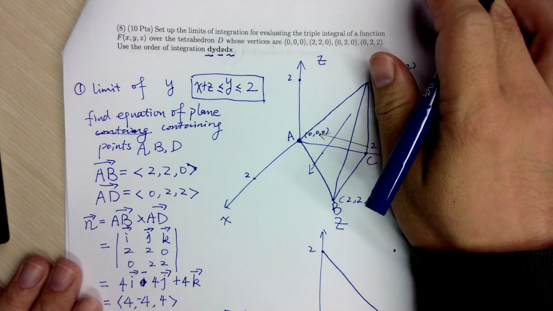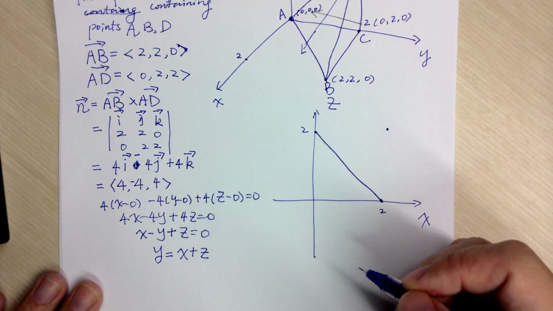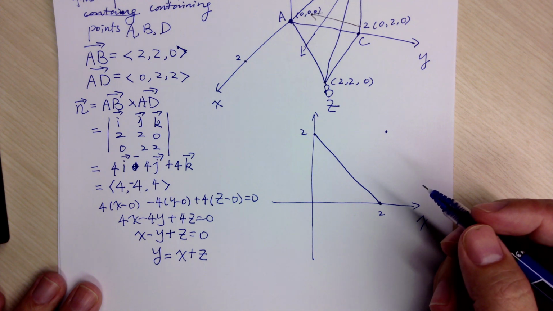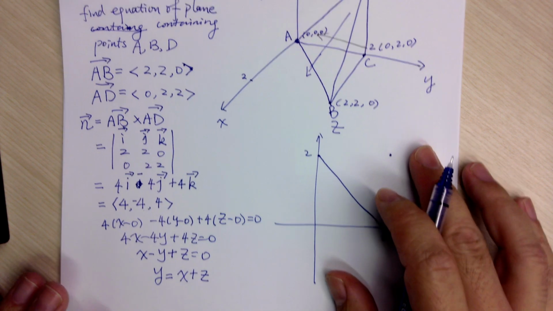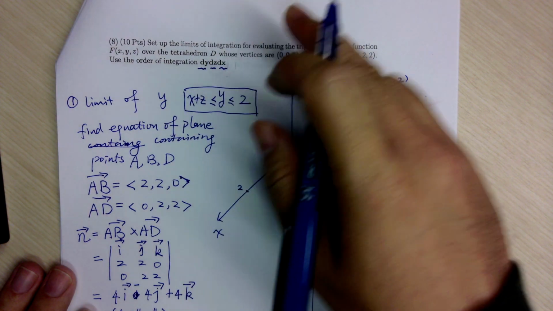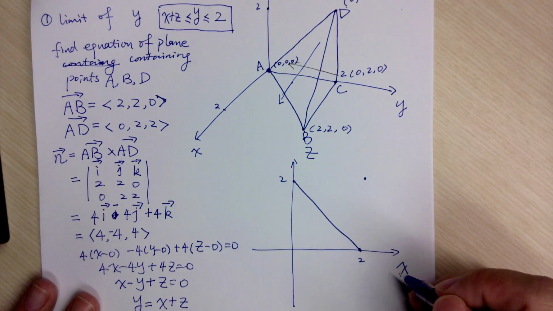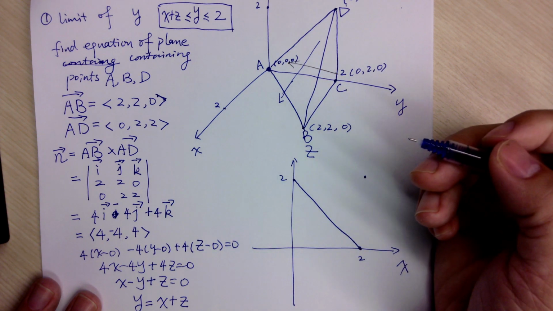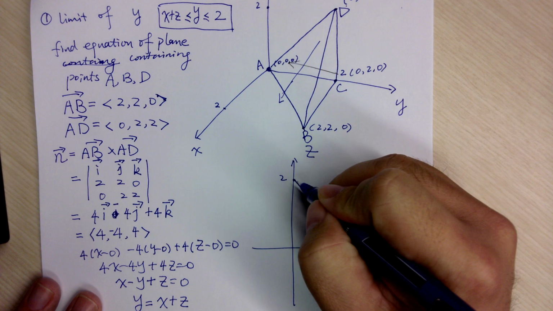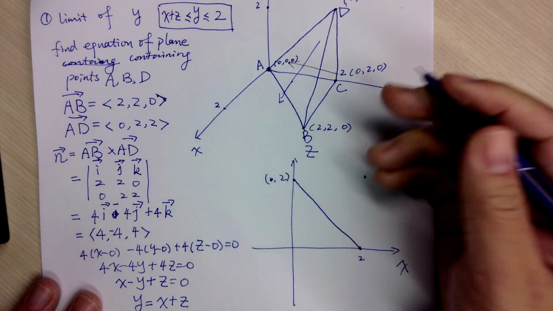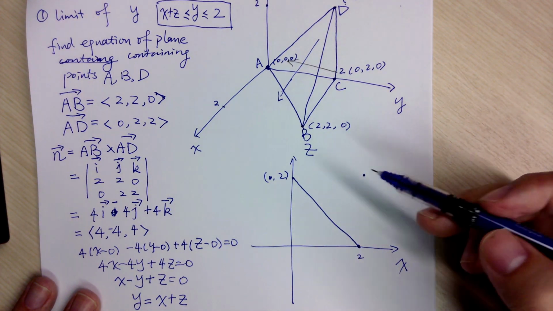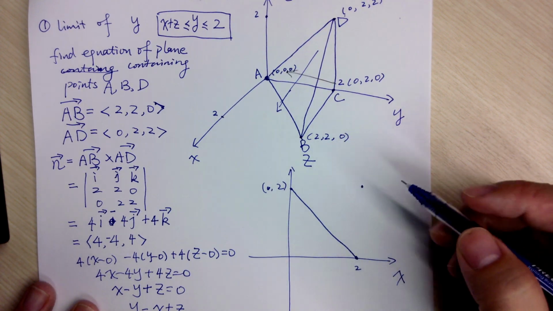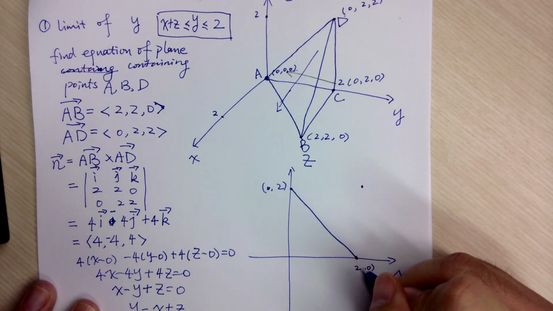Okay, so that's the first piece. After that, we want to figure out what the limit for z is. This is the corresponding xz plane here, and this is the point 0, 2. Right now we only focus on this region in this plane, not in space anymore. This is the point 2, 0.